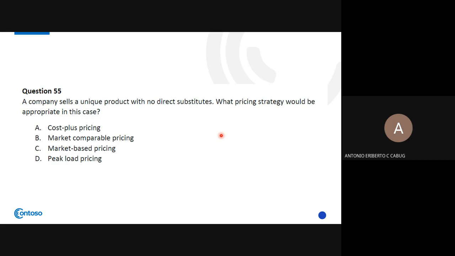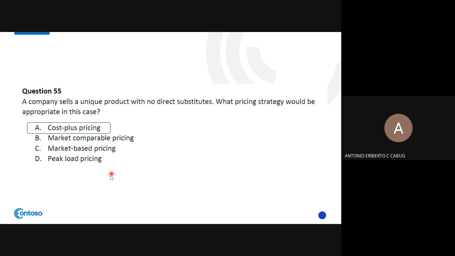What pricing strategy would be appropriate in this case? Enter your answers. Unique product with no direct substitutes. We are to use cost plus pricing.